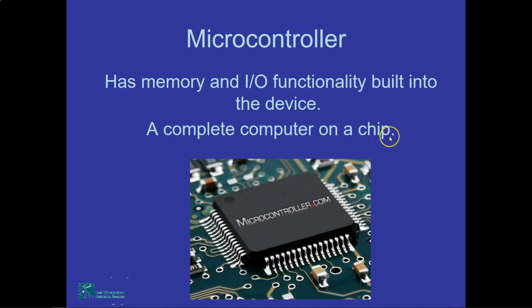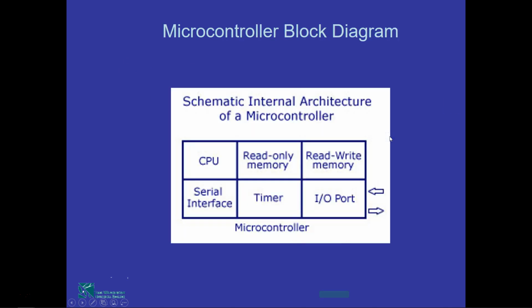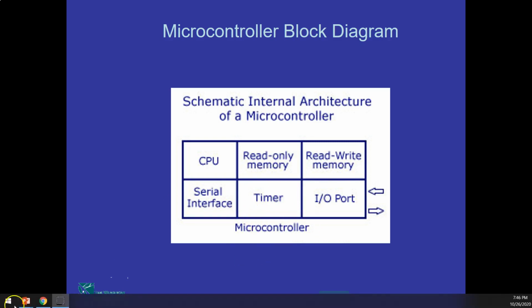And now let's move on to the next slide, and this is the schematic internal architecture of a microcontroller. Here you can see, in addition to those components which were used in the microprocessor, the microcontroller has some other peripheral components. It has memory, timers, including event counting, event capture, output compare, and real-time interrupts.